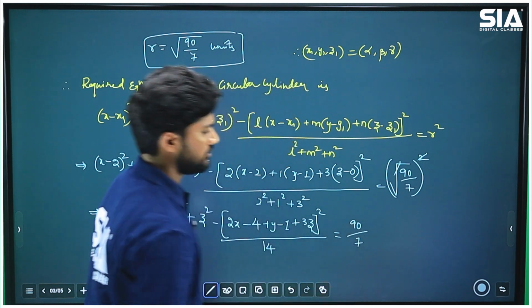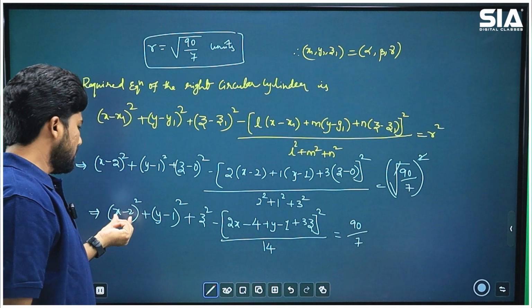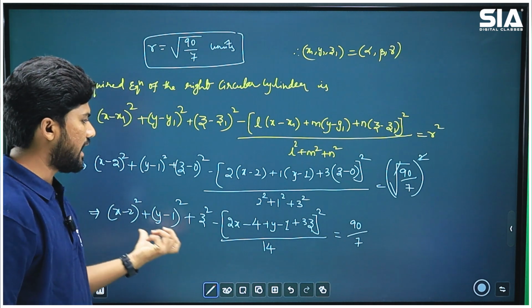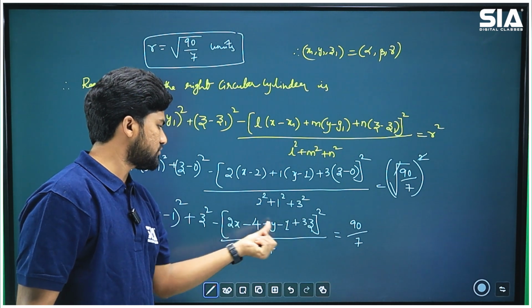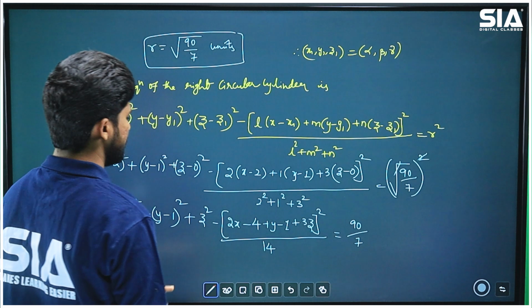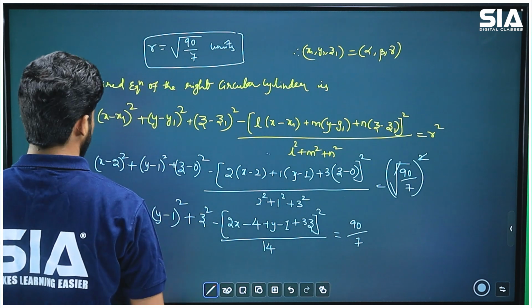Now expand these three factors with the (a - b)² formula, and here simplify: 2x + y + 3z - 4 - 1 = -5. One more step will come here, so I am writing it in the next slide.